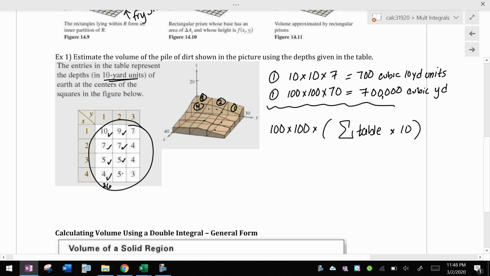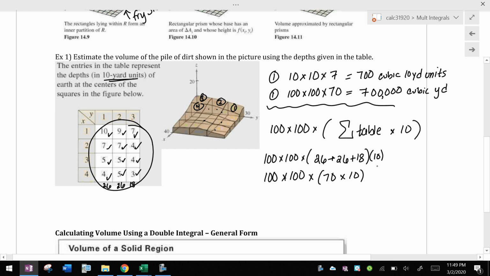That's 16 plus 10, another 26. And there's 11 plus 7, that's 18. So 100 times 100 times 26 plus 26 plus 18. That's going to be 52 and 18 is 70. So 100 times 100 times 70 times 10. Forgot my times 10 with this guy because they're 10-yard units.